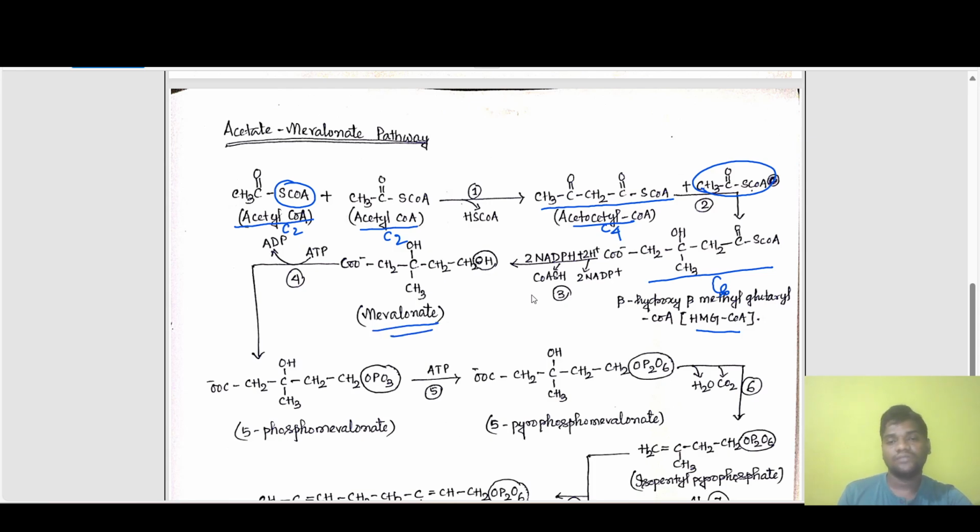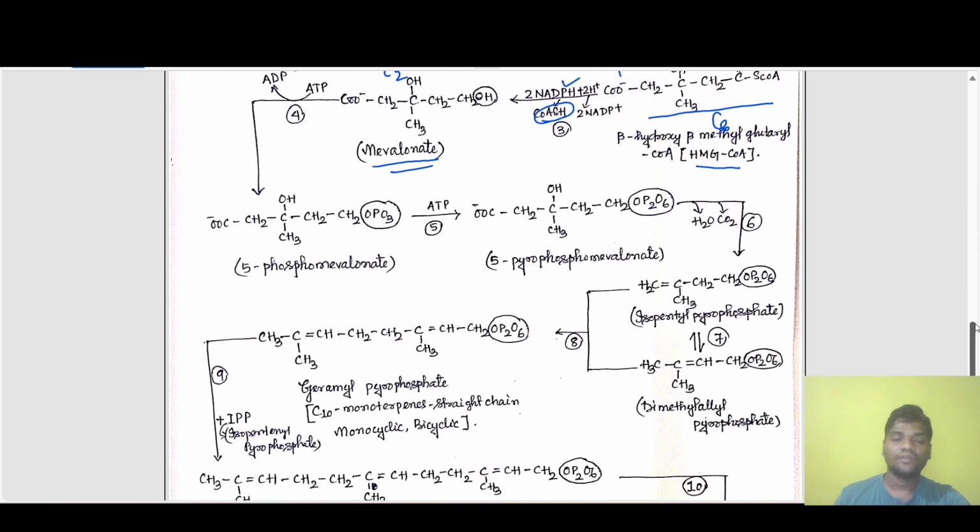So this mevalonate is formed with the involvement of two NADPH plus two hydrogen ions, where the coenzyme A is removed, and that is converted to mevalonate.